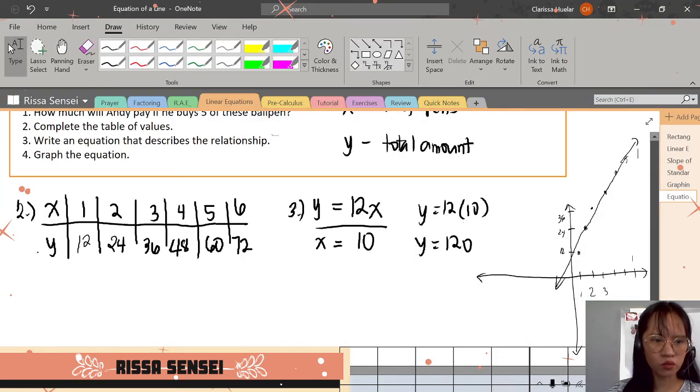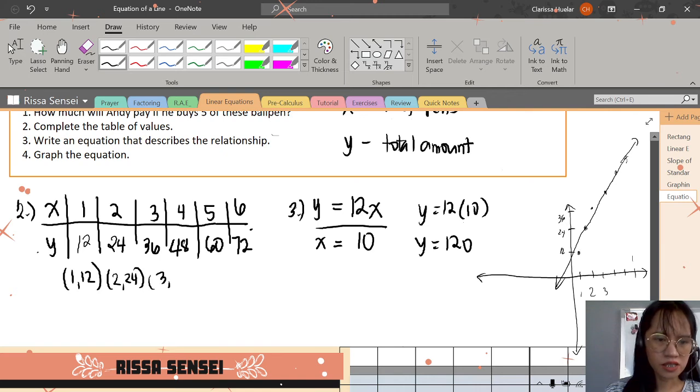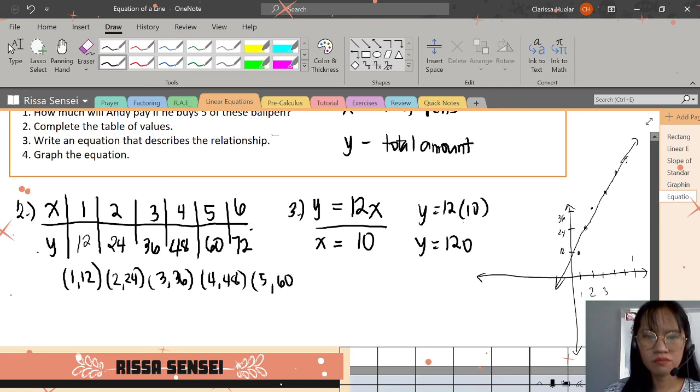So, ito yung (1, 12). Sulat kayo ng ordered pair. So, this is (1, 12), (x, y). Pangalawa ay (2, 24). Pangatlo, (3, 36). Pang-apat, (4, 48). Pang-lima, (5, 60). Next is (6, 72).